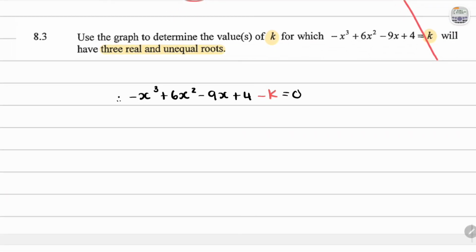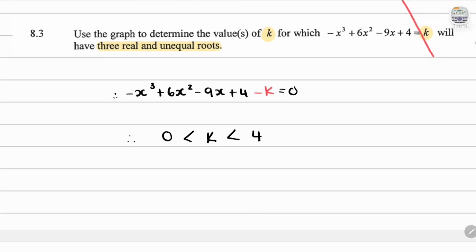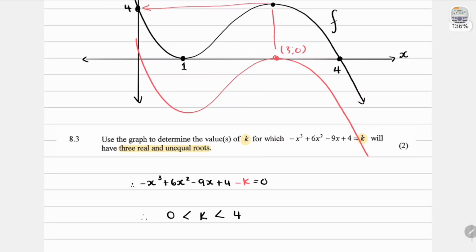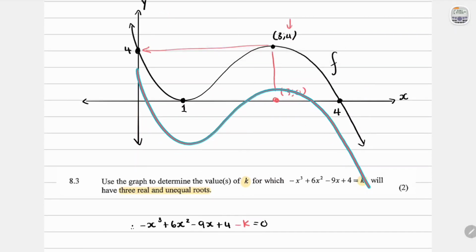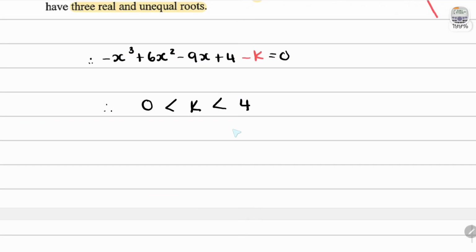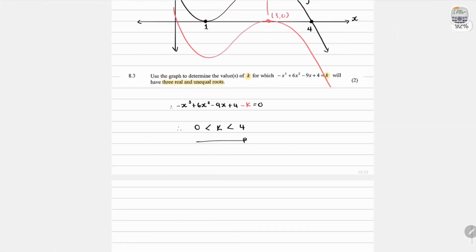So all we need to tell them is what k will be. Tell them that k just needs to be anything greater than 0, but less than 4. If you applied that there, it would shift the graph in a way that ensures it's just going to have 3 x-intercepts. And this will be our answer to this question.